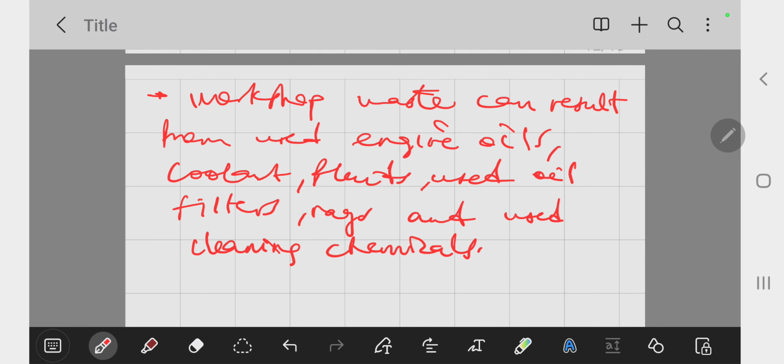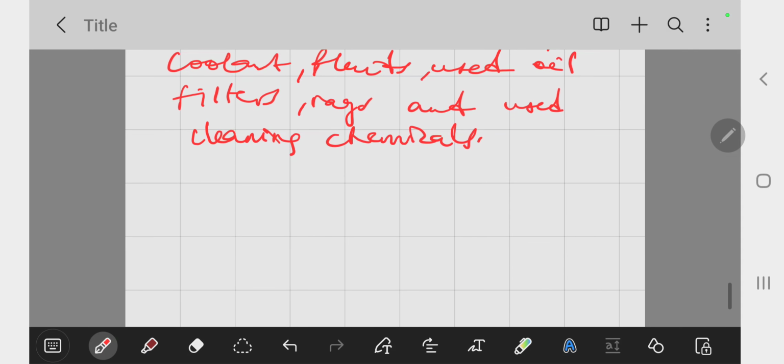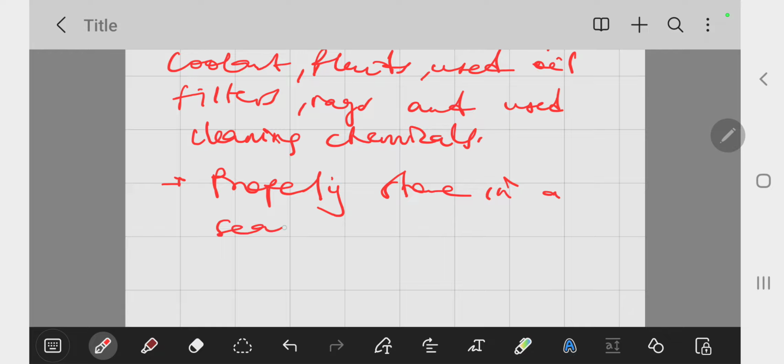So now how you can dispose of workshop waste is by doing the following. You need to properly store it in a sealed and labeled container.